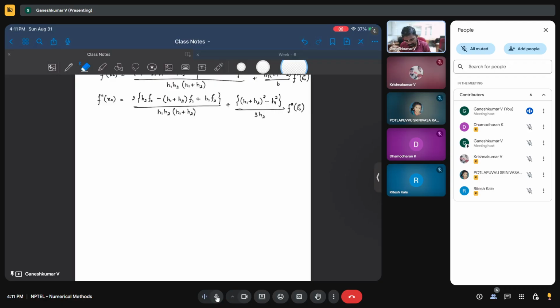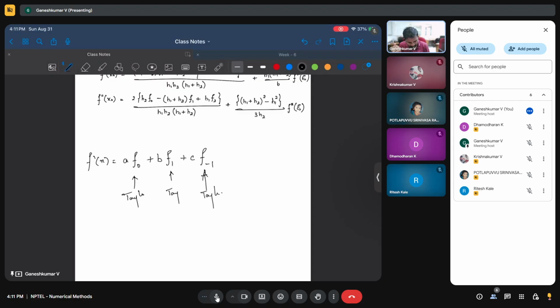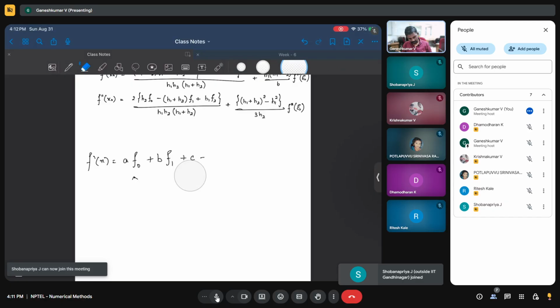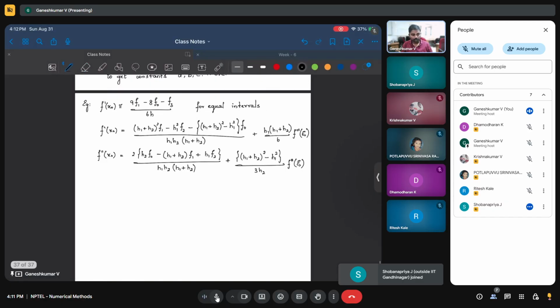Basically, you write f dash of x as a times f naught plus b times f of 1 plus c times f of minus 1, and you express these as Taylor series expansions and then substitute them. Okay, you will get it. For more details you can always look back at the lectures.